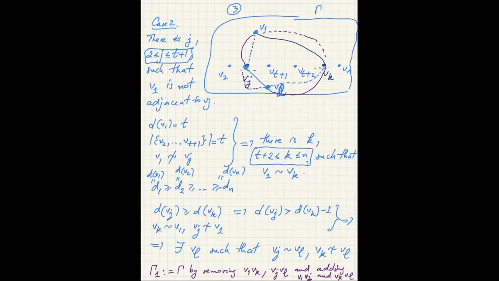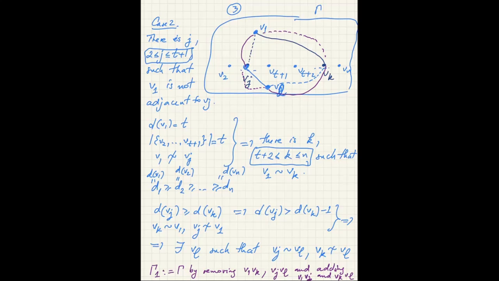What happens is that if we look at these four vertices that are involved, V1, Vj, Vk, and VL, each of them loses one edge, the one in blue, and it gains one edge, which is the purple one. So the degrees of these four vertices stay the same, and the degrees of the remaining n minus 4 vertices stay the same because we don't do anything involving those vertices.